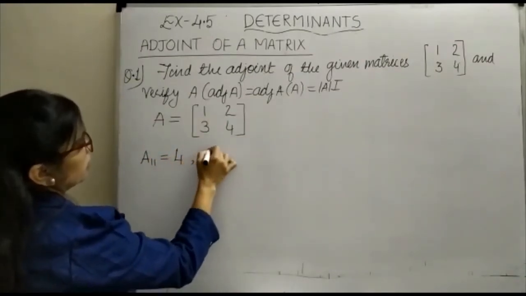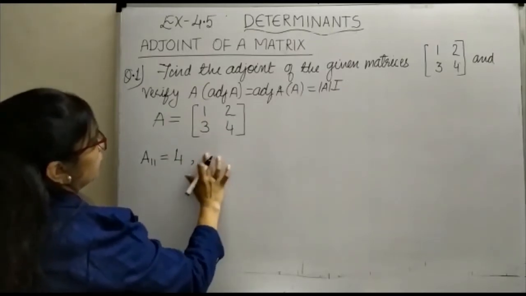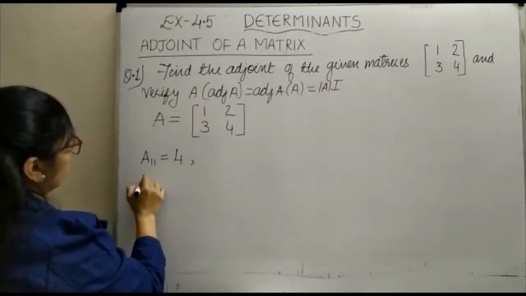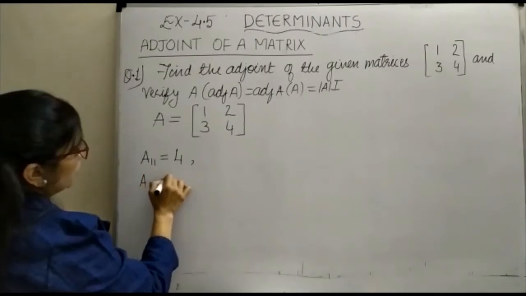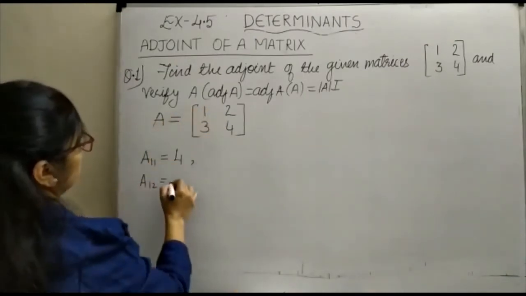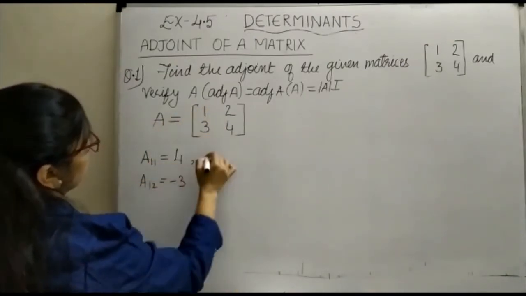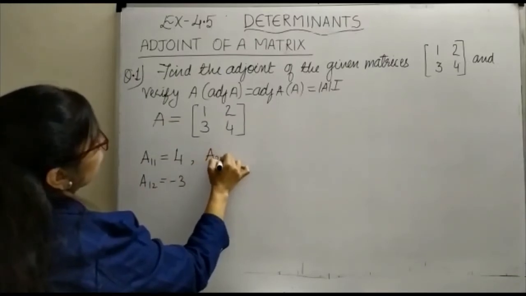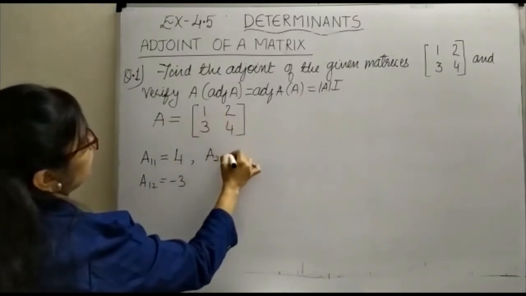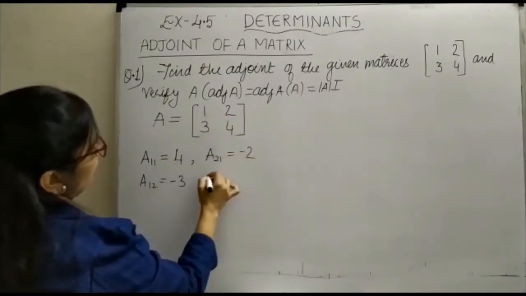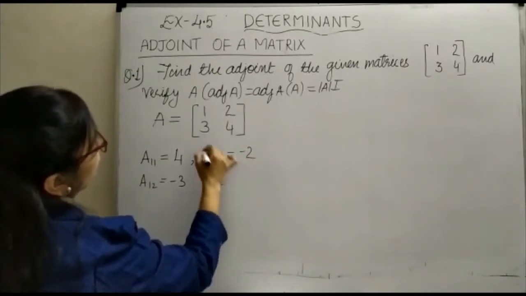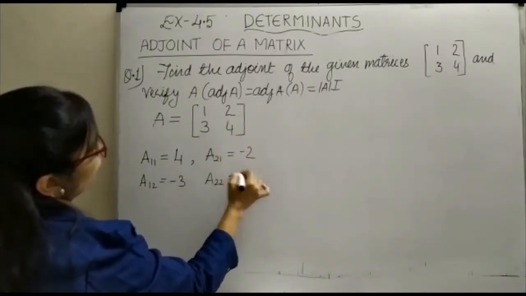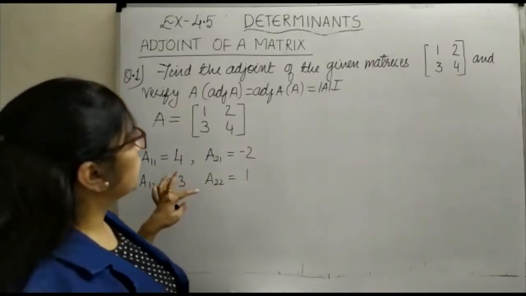Then after A11 you can find out A12. What will be A12? That is -3. Then A21 will be -2 and A22 will be equal to 1. So we have worked out the cofactor.